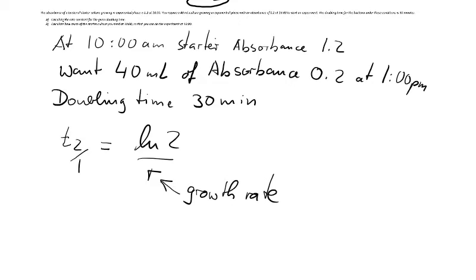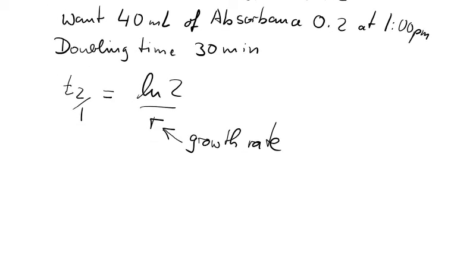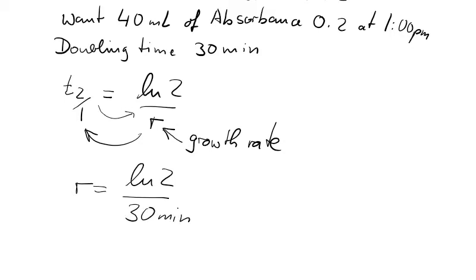Easy. Oops. Yeah, we are back. So now we can very easily calculate the R. We just rearrange this equation a little bit, and we get R equals ln2 divided by 30 minutes. What does that give us?